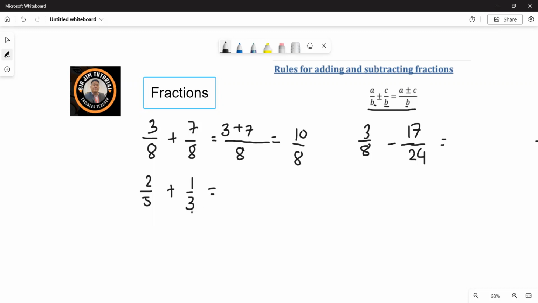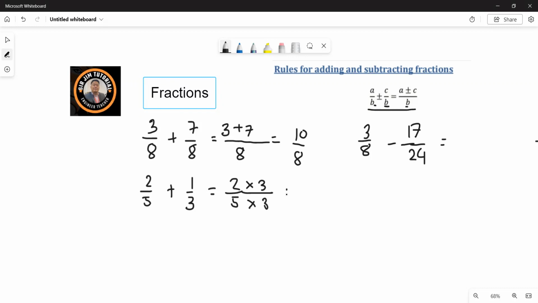Now, if you have different denominators, you get the equivalent fraction. For example, you have 2 over 3 plus 1 over 5. Multiply here by 5, and multiply here by 5. So this becomes 15.